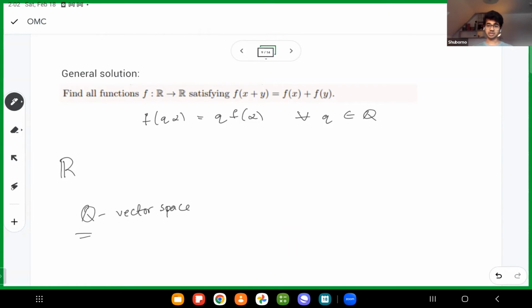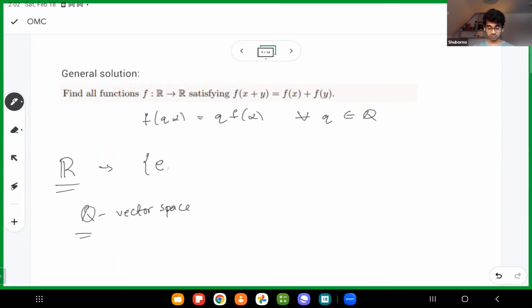In that sort of vector space, let's assume that we can find a basis. The proof for why there is a basis of R as a Q vector space uses the axiom of choice, but let's just assume that there is a basis.